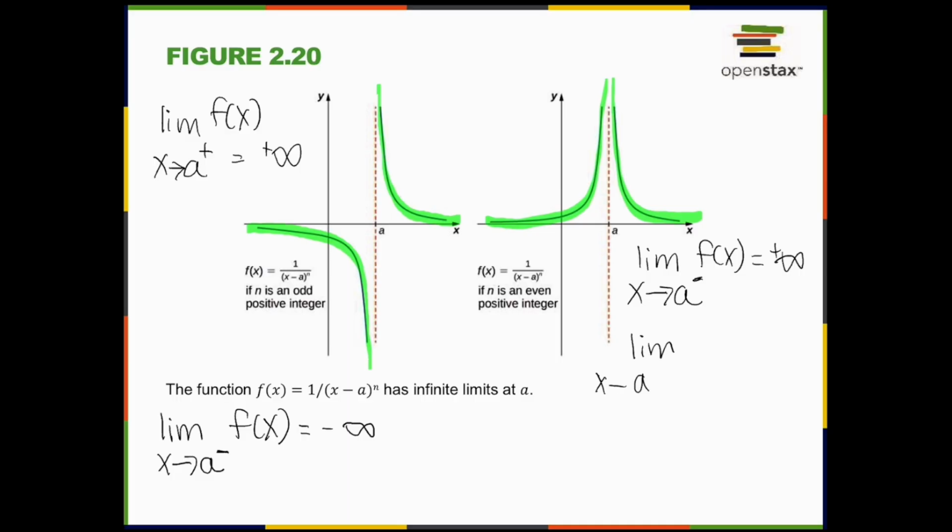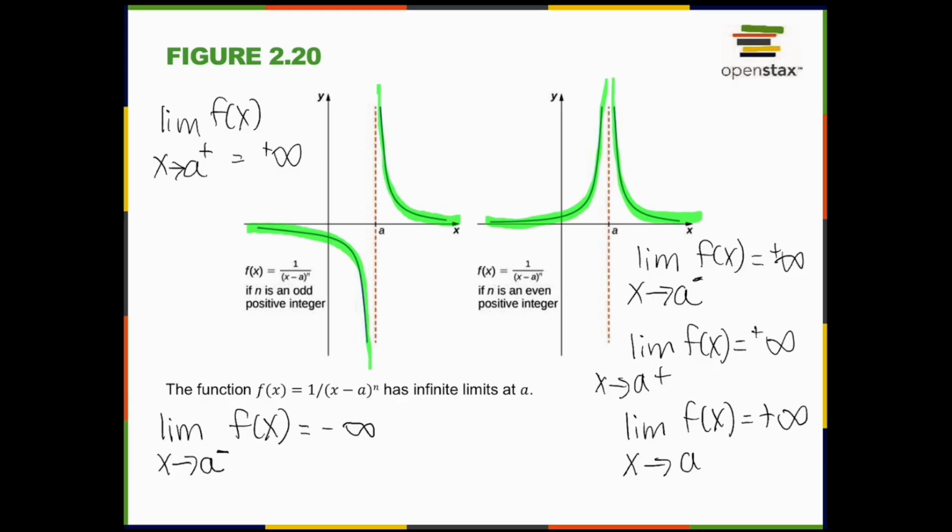Coming from the right, I would also describe that as positive infinity because coming from the left and the right, it's both increasing without bound. So I can describe that with the two-sided limit, without the sign positive or negative, of the function as positive infinity because the behavior is the same.